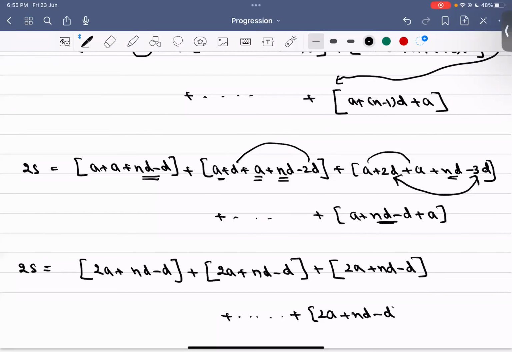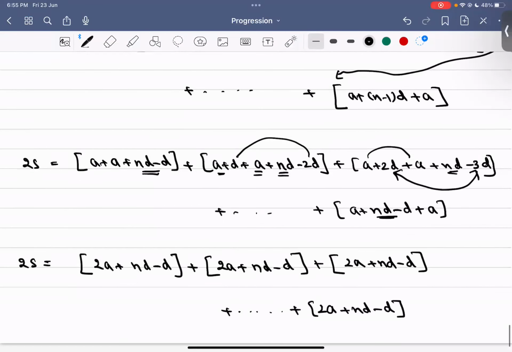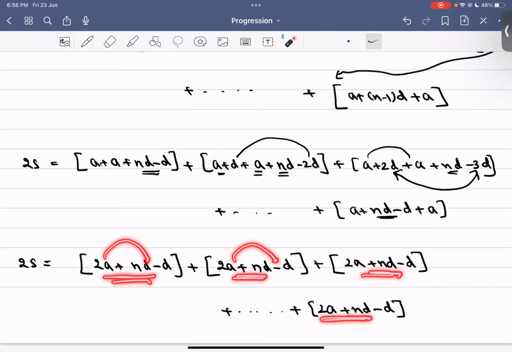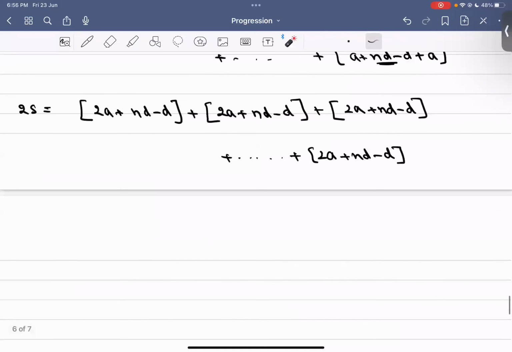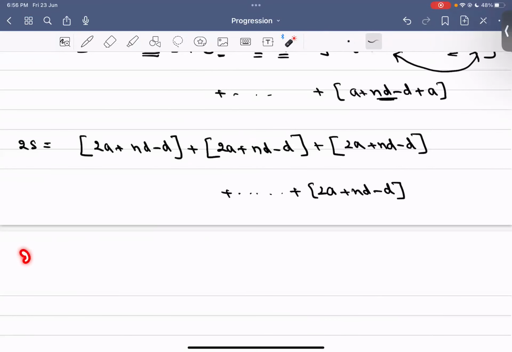So what we got, what you observed? Each bracket is the same or not? All the brackets are 2A plus ND minus D. Is it fine? So 2S is equal to, now here from this one N take out common.